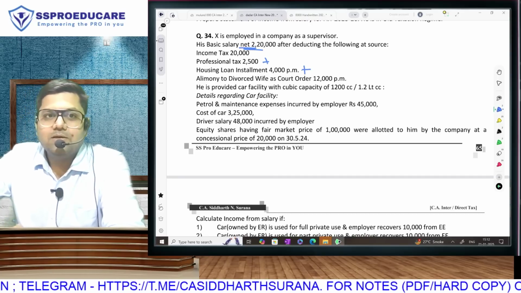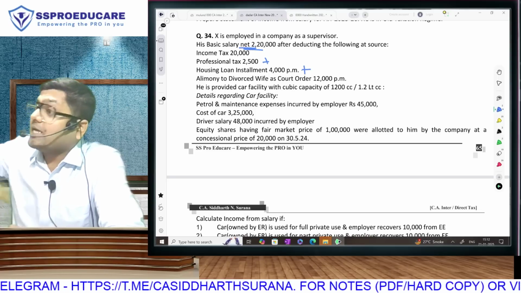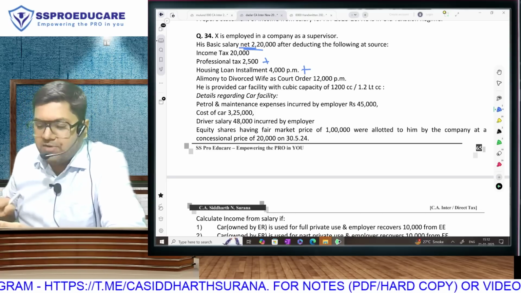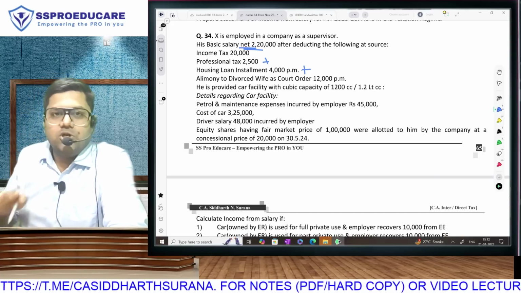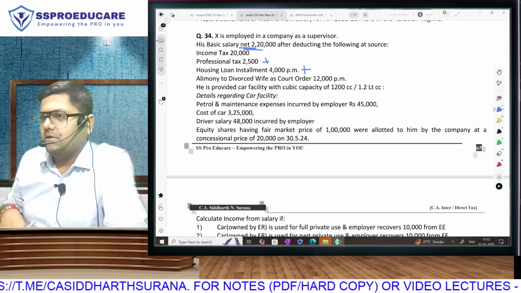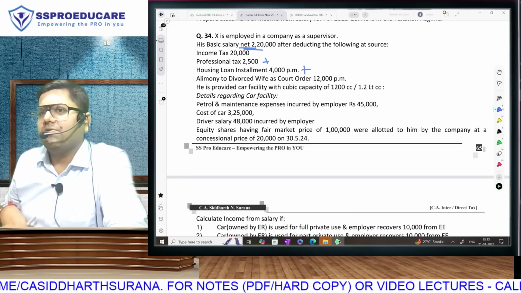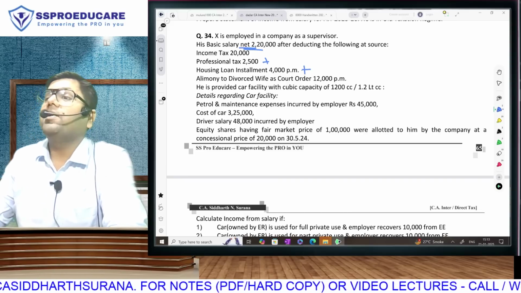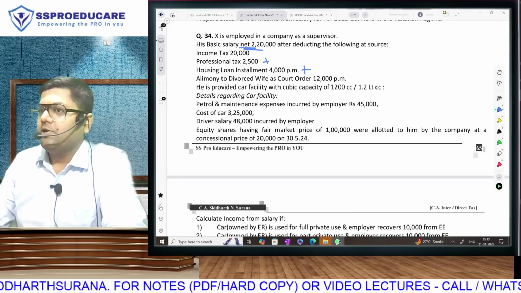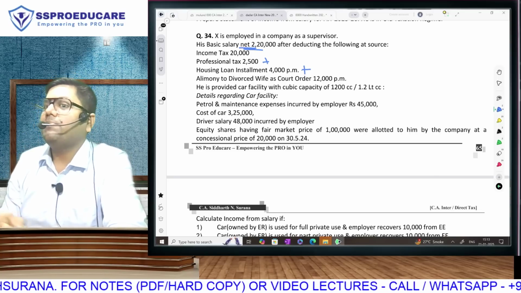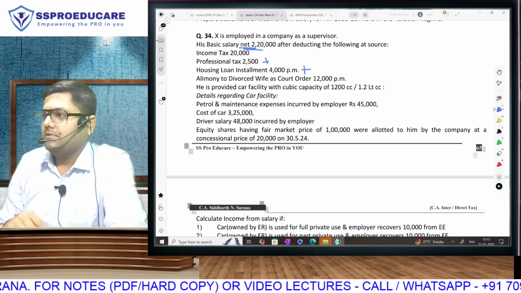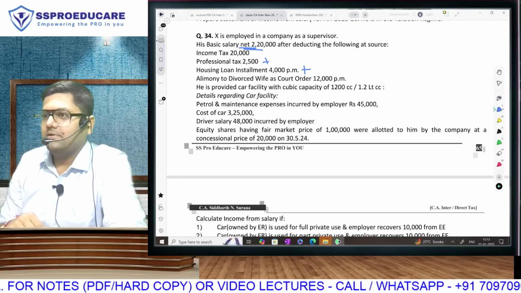Now, while the court has told you to pay 12,000 every month to your spouse, the court does not have trust. You will not pay. Court calls your employer, hey, come here. How much is the salary of this employee? Boss said, sir, 50,000. Don't pay him 50, pay him only 38. Boss said, yes, discount. No, no discount. That 12 you will pay to his ex-wife, former wife.